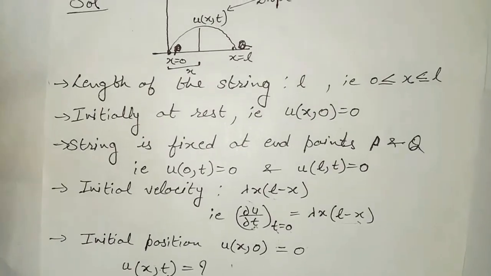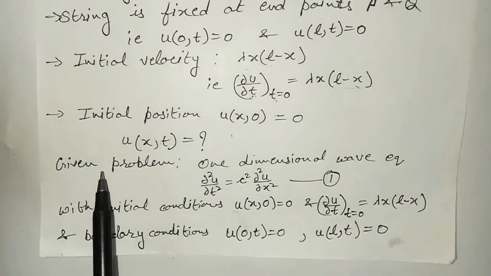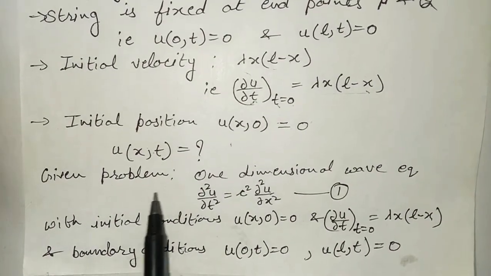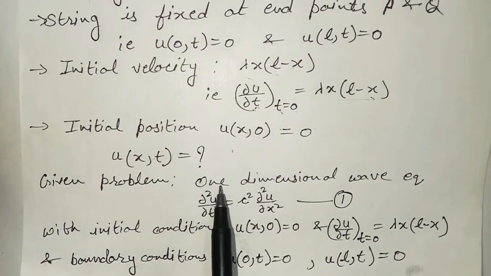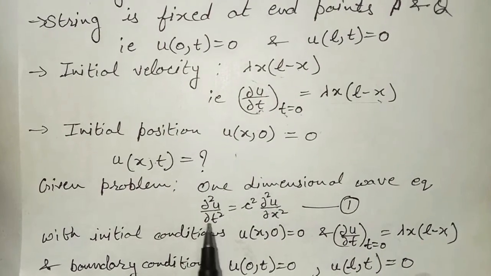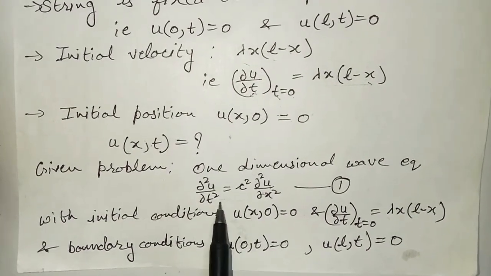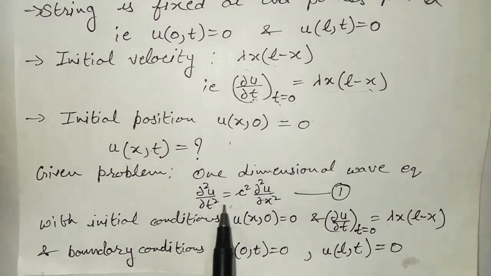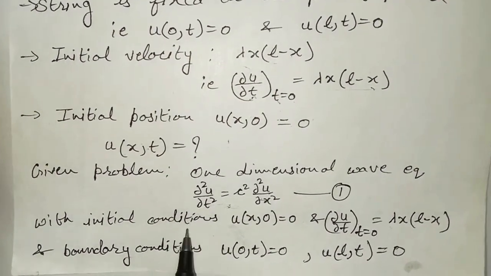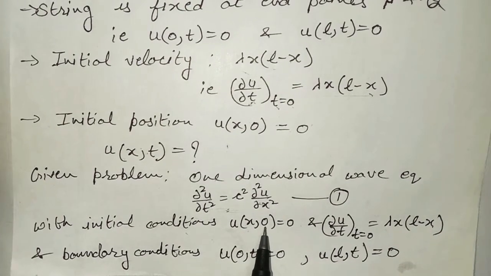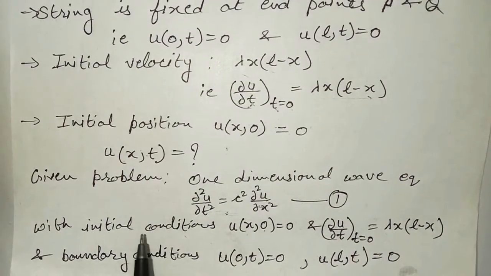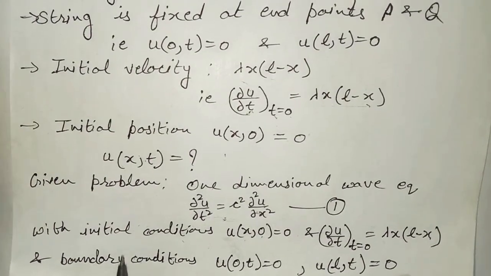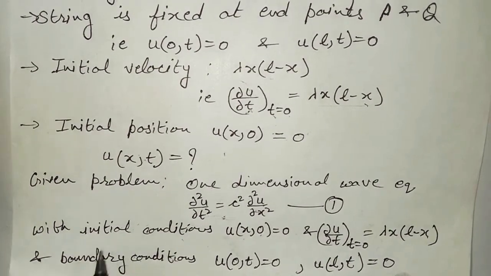So now we can formulate this as a mathematical problem because the given problem was a word problem. Its mathematical form is the one-dimensional wave equation. In the last lecture I have already told you the one-dimensional wave equation is of this type, with initial conditions. These two conditions are initial. Here you should understand the difference between initial and boundary conditions.